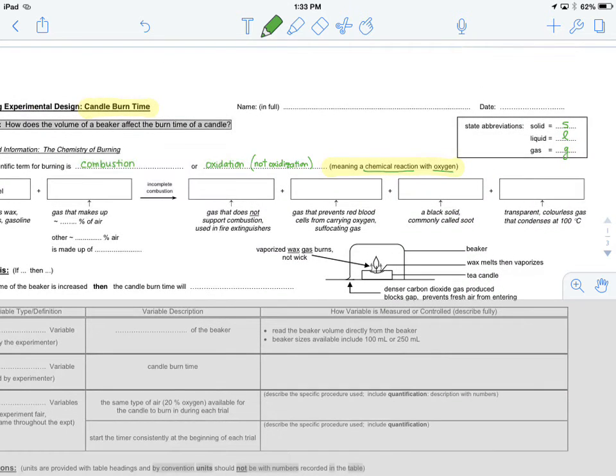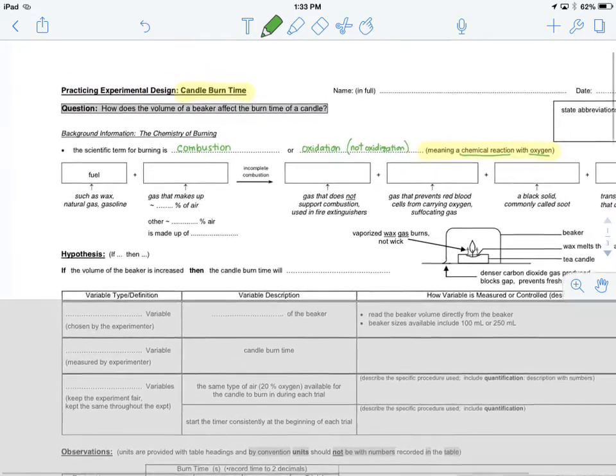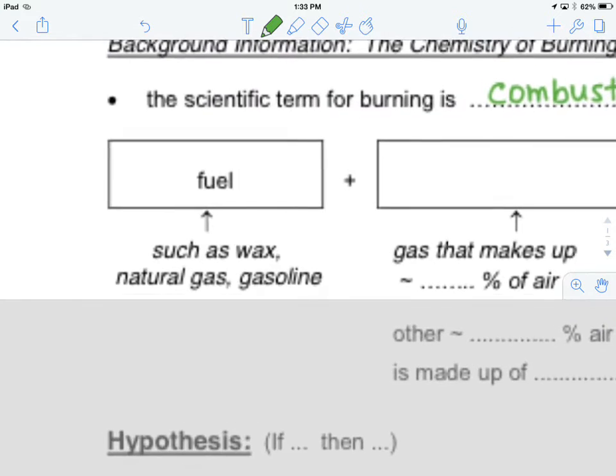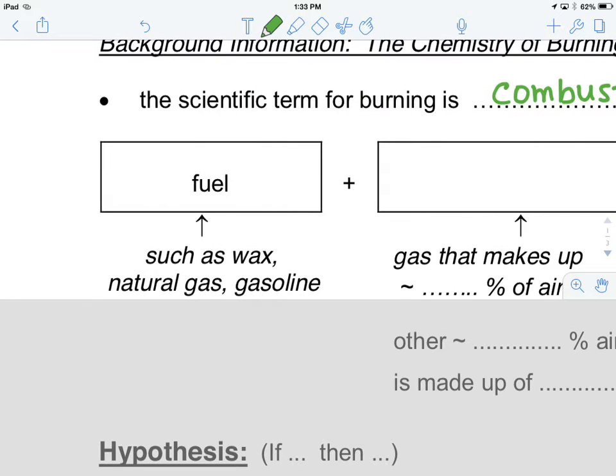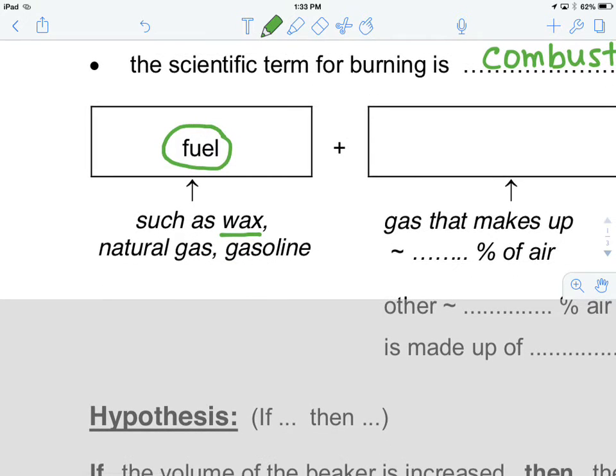So let's take a look at an example of something that we're going to burn. Of course, whenever we burn anything, one of the things that we need is a fuel. In the case of this lab, we're going to use wax as our fuel. We could also use things like natural gas and gasoline, but in this lab, we're burning a candle, so the fuel is going to be wax.